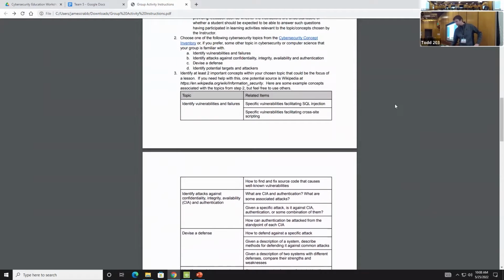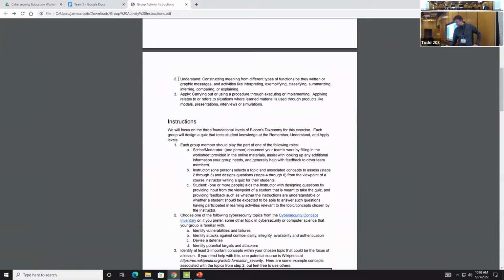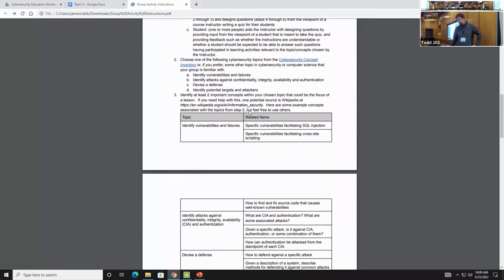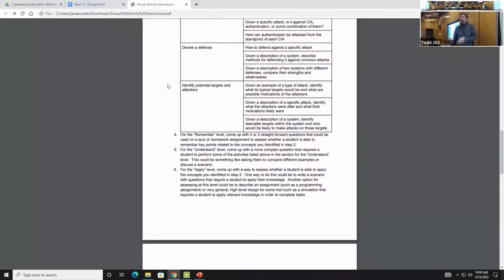I'm referring back up here where I talked about understand: constructing meaning from different types of functions, be they written or graphic messages, and activities like interpreting, exemplifying, classifying, summarizing, inferring, comparing, or explaining. The important part is those keywords at the end. Being able to interpret, exemplify, so give an example of something.